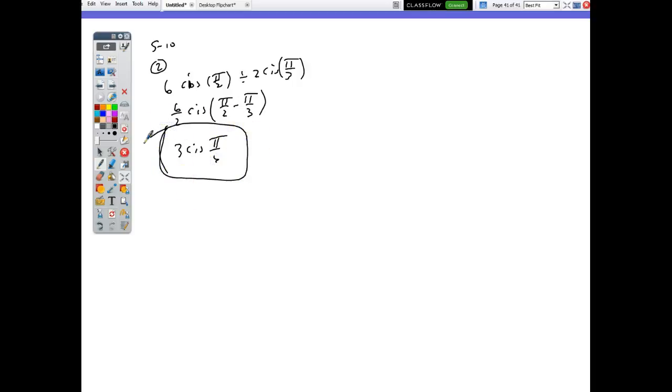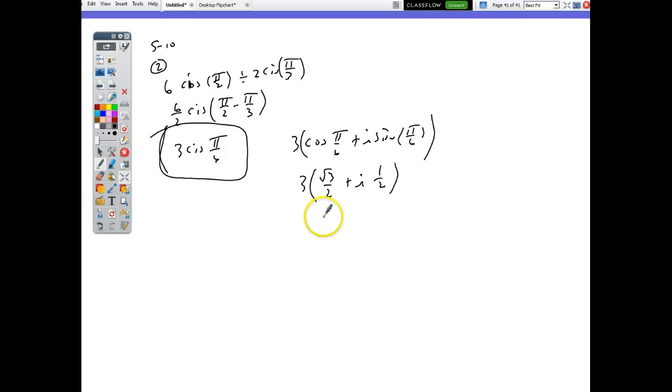Then it would be 3 cosine pi over 6 plus i sine pi over 6. That'd be 3 root 3 over 2 plus i times 1/2. So that would be 3 root 3 over 2 plus 3 over 2 i.